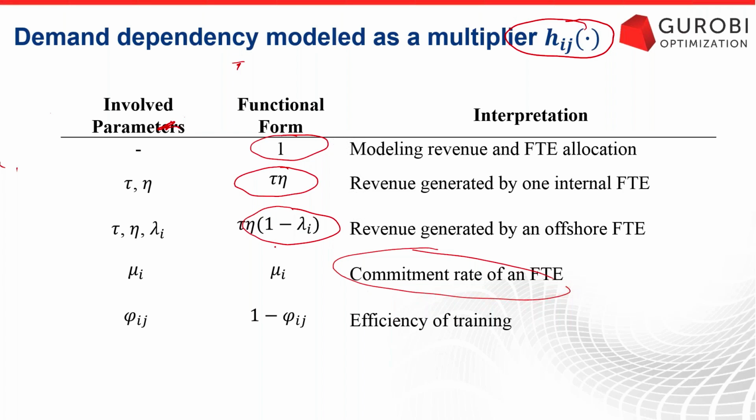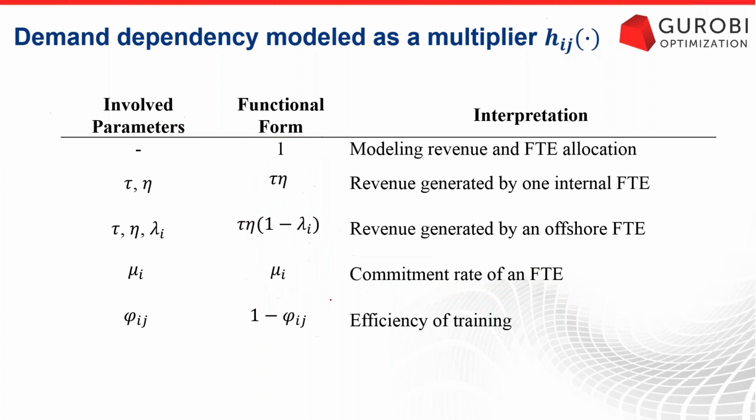To compute the effective FTE hours, considering the efficiency of commitment rate, mu I becomes the form of multiplier. And to describe the efficiency of training, we use 1 minus phi ij as the multiplier.